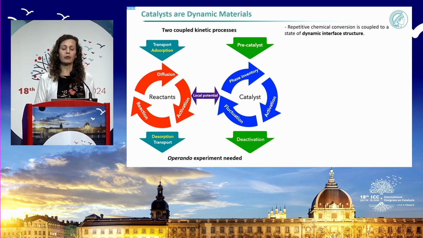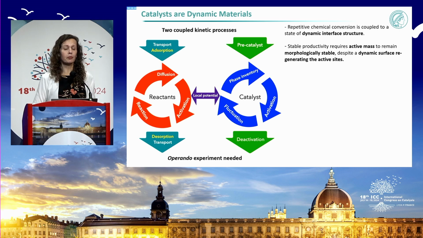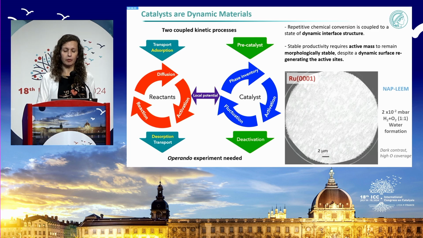You have repetitive chemical conversion, and this is always coupled to a state of this dynamic interface structure. It's even more complicated because you want a stable productivity, and you want the active mass to be morphologically stable, but at the same time, you need to consider that the surface is regenerating and creating these active sites. So this brings us a lot of problems, but also a lot of exciting science that can be done.